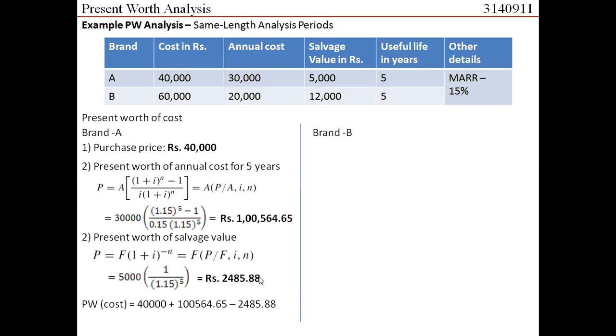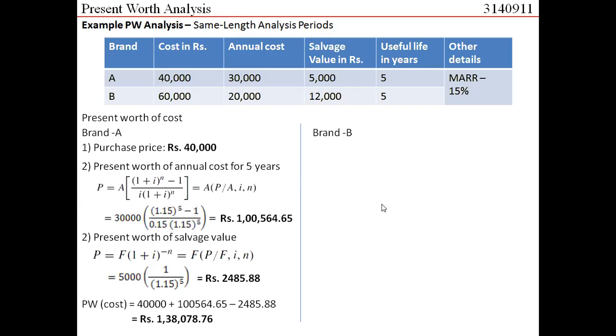If I put it in terms of cost, I would take this as positive, this as positive, and this as negative. I'm considering cost, so I'm looking at my investment. This is what I invest, this is what I invest, and this is what I get. So my net present worth of cost would be somewhere close to 1,38,078 rupees.